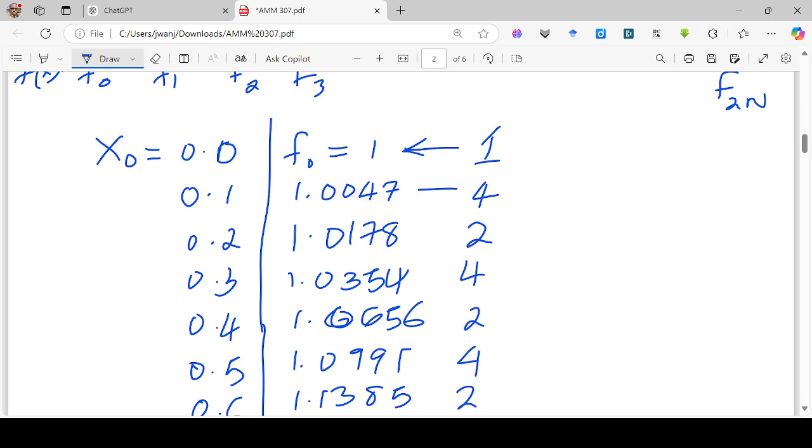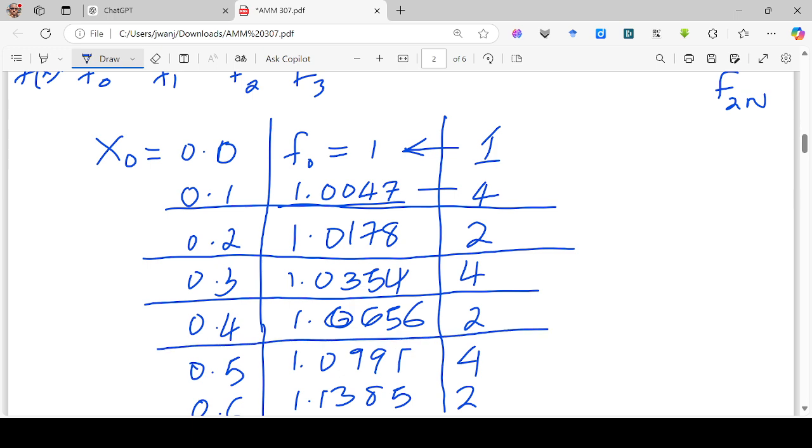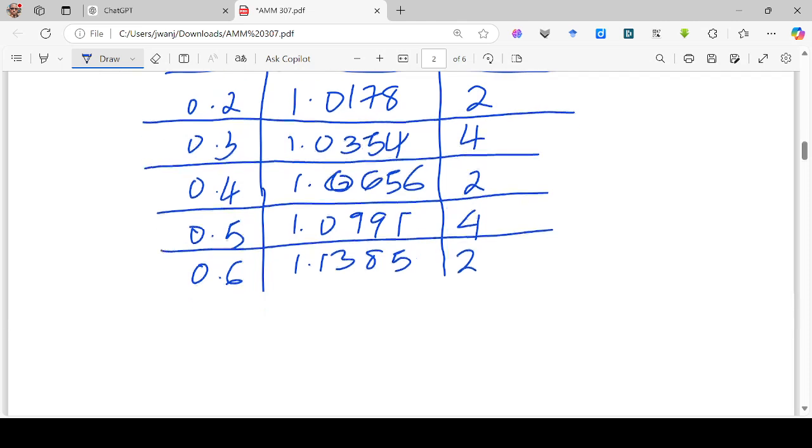When writing the method, the value 1.0047 will be multiplied by 4, the corresponding coefficient. The value 1.1078 will be multiplied by 2, the next one by 4, the next by 2, the next by 4, and so on.